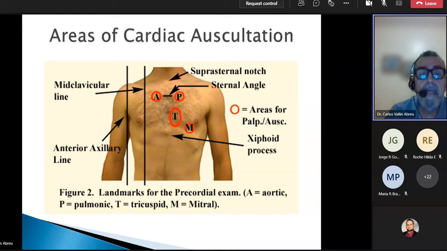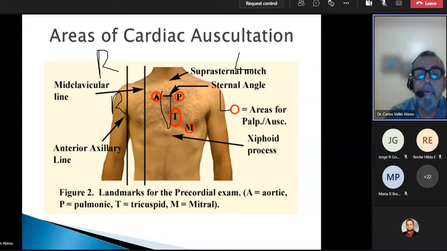The aorta is in the second intercostal space, in this position, but at the right. Remember that the right is the client's right, the screen right. Don't get confused in the test. It's not your right, it's the client's right. It's inverted. And it is at the right of the sternum.